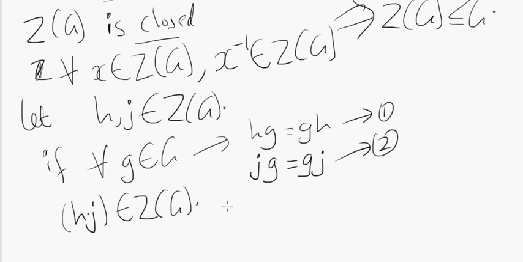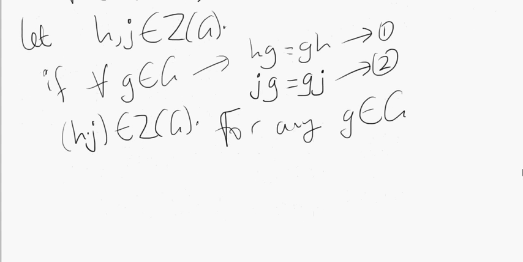Well, notice, for any g in big G, for any element of G, hj times g equals h times gj. Why are we able to do this? Well, because by property 2, jg equals gj. So j and g can commute. Well, what else do we know? We have property 1.